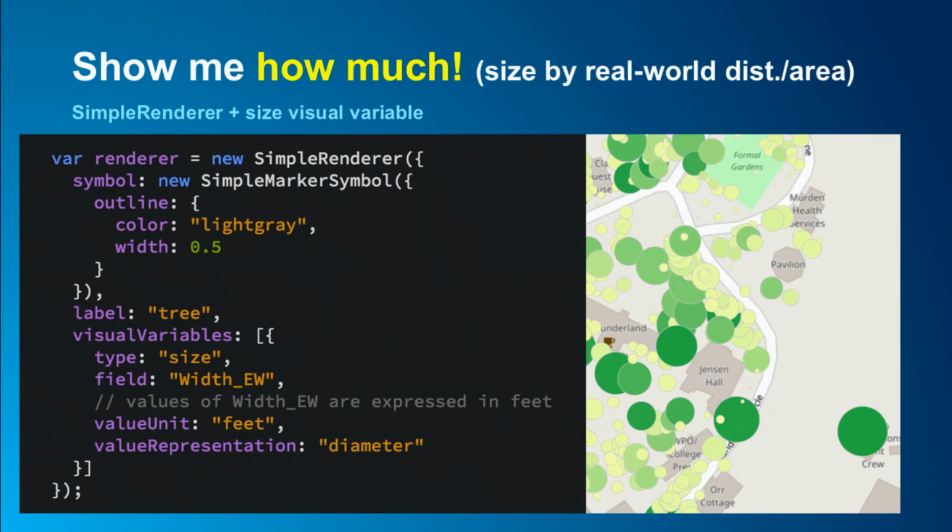So if you look at the visual variable there, for the field, we set it to that field that has the diameter. And then notice the value unit is set to feet. That's because it was measured in feet, and so we can set a unit there that will scale the symbol appropriately.